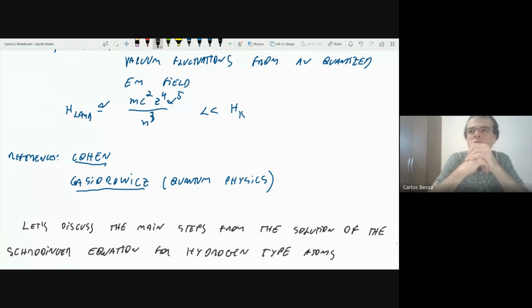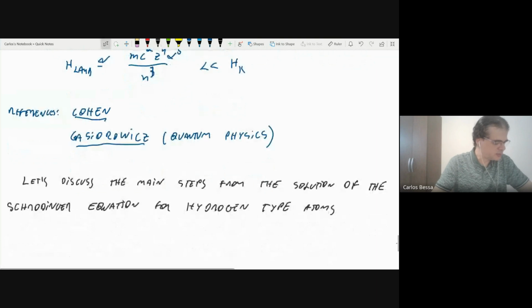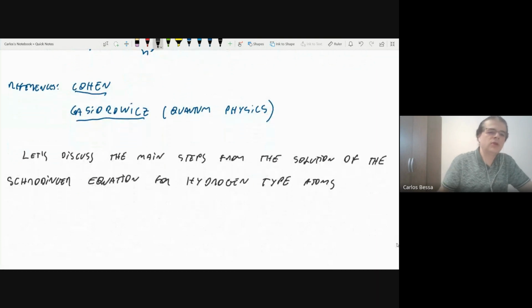Only numerical solutions, okay? Because we know that the Schrödinger equation is linear, but it's not because it's linear that it is always simple to get the solution. That's just to give an idea here.